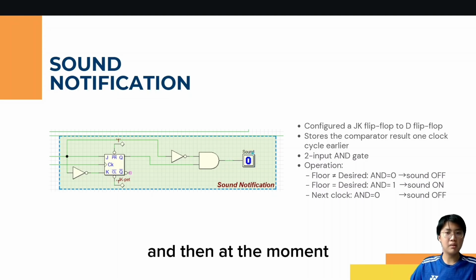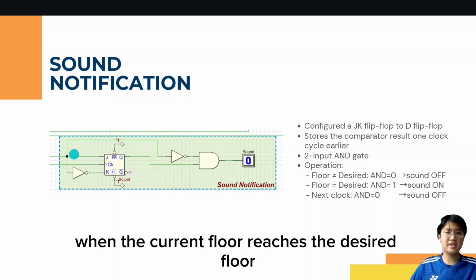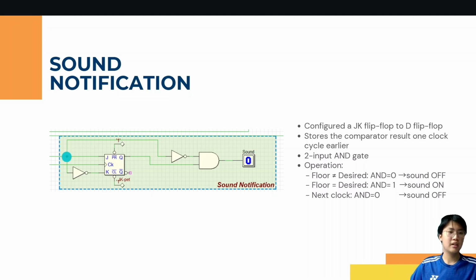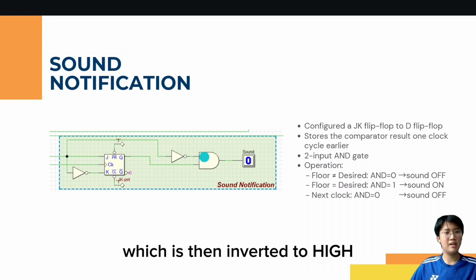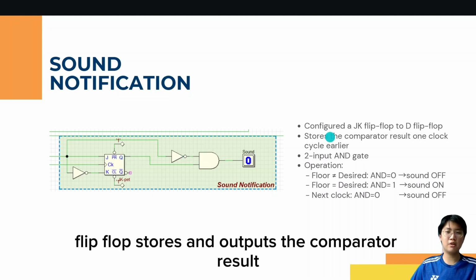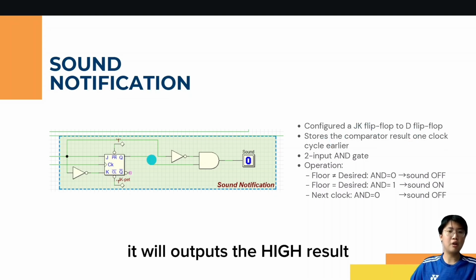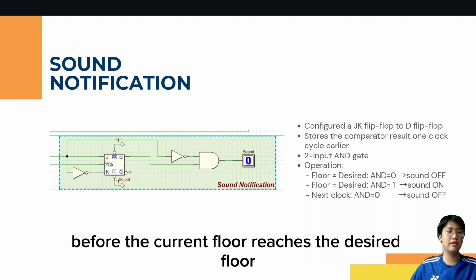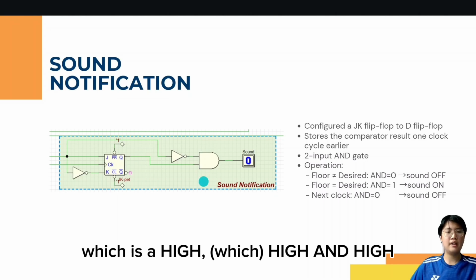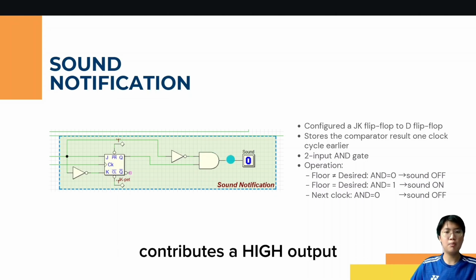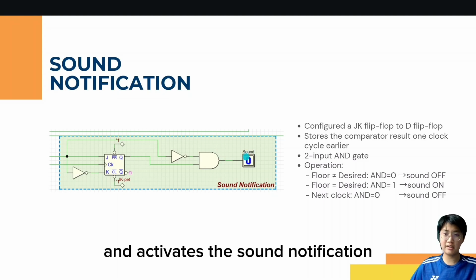Then at the moment when the current floor reaches the desired floor, the comparator will output low, which is then inverted to high. And since the JK flip-flop stores and outputs the comparator result from 1 clock cycle earlier, it will output a high, which contributes a high output to the sound notification and activates the sound.